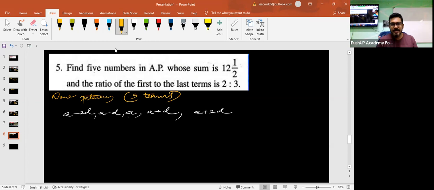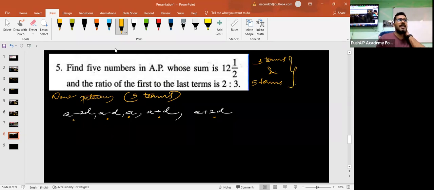Now you see the sequence in which I have written this. See the sequence, children: A minus D, A minus 2D. It goes in a sequence. Then A plus D, A plus 2D. That also goes in a sequence. So remember, 3 terms and 5 terms in an AP hold almost similar patterns. In fact, the pattern for 5 terms is a continuation of the pattern of 3 terms.